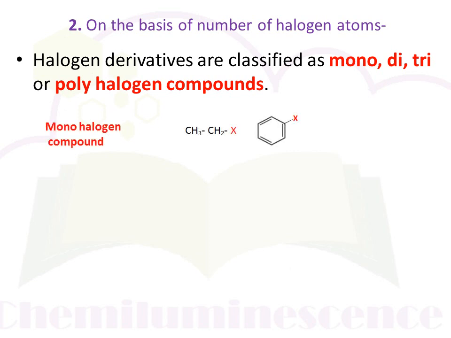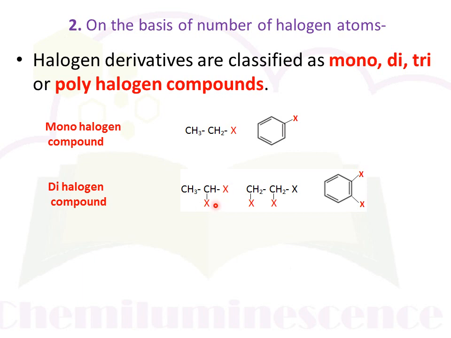Monohalogen compound. In this you can see the compound in which one halogen atom is present is the example of a monohalogen compound. These two are examples of monohalogen compounds in which one halogen atom is present. In a dihalogen compound, two halogen atoms are present.